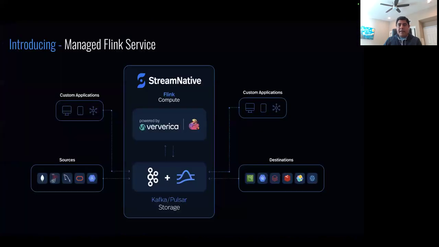Thank you. So just to add a little more on the managed service within StreamNative Cloud, as a customer of StreamNative Cloud, as you log in, you can get a Flink environment up and running in a matter of seconds. It's almost literally just available.